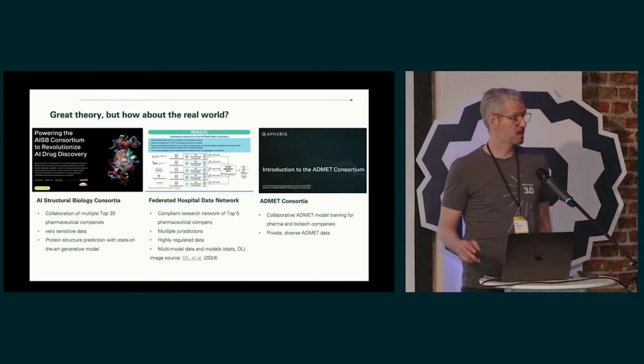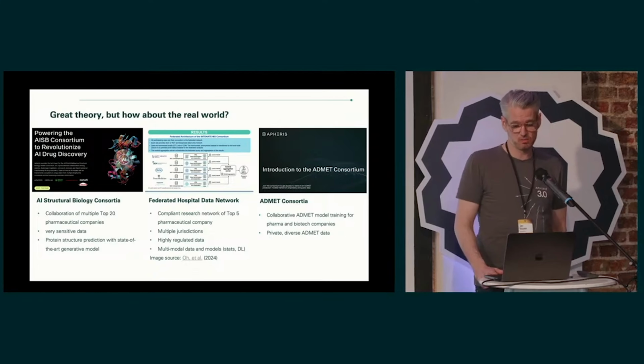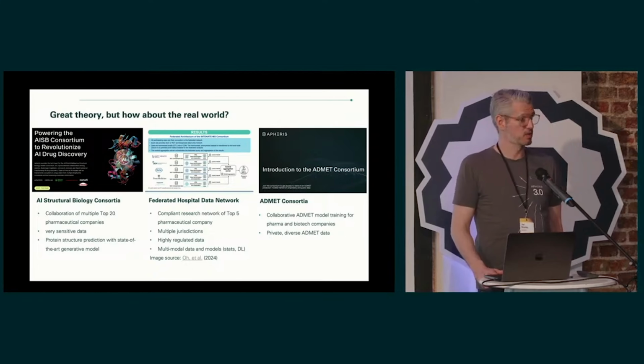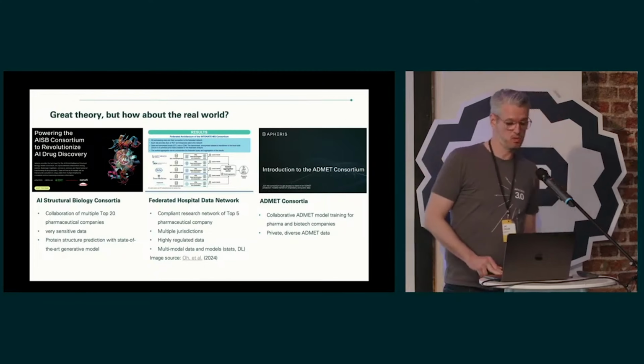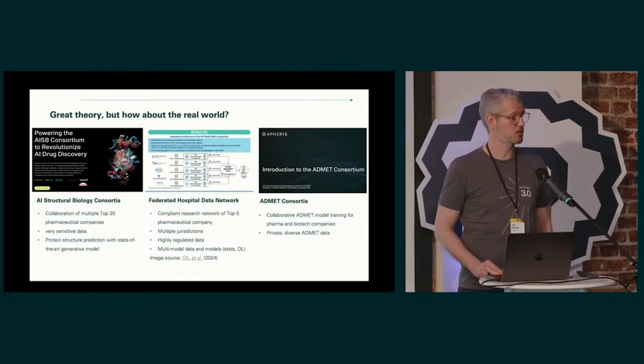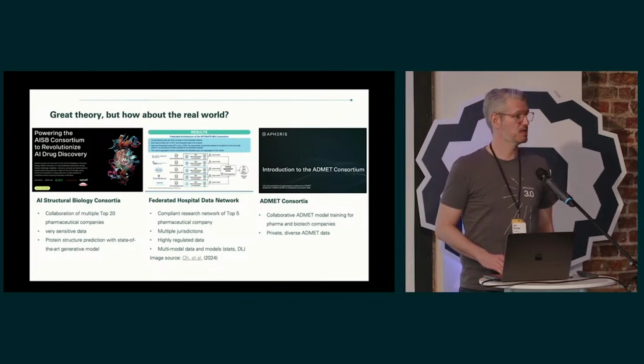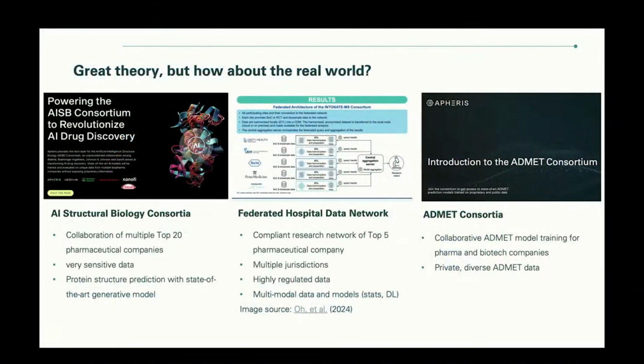This is all great in theory, but the question is, what real-world cases do we power with this? I think one of the most important projects we have is the AI Structural Biology Consortia, where multiple pharma companies provide their proprietary data to train a state-of-the-art model.